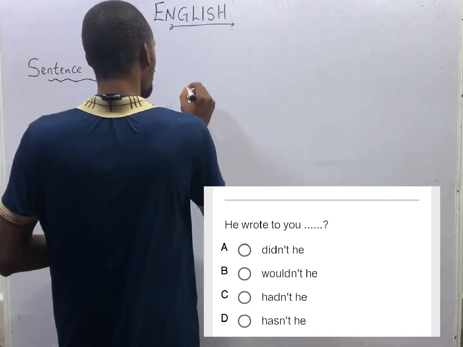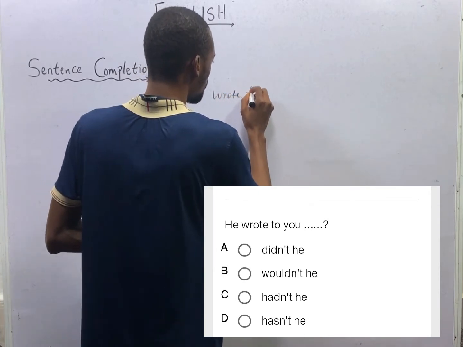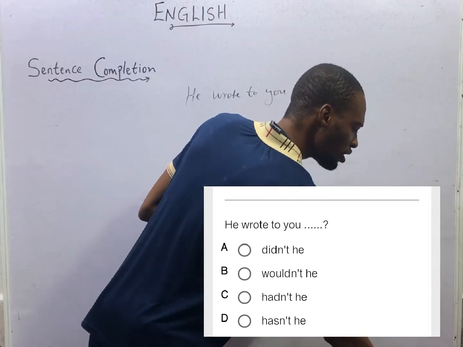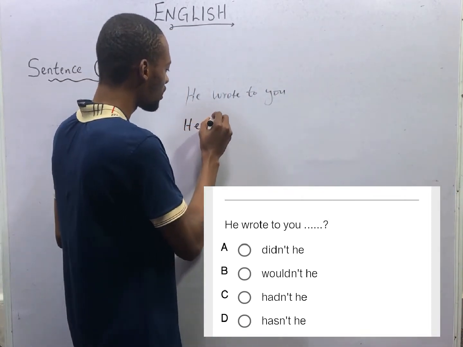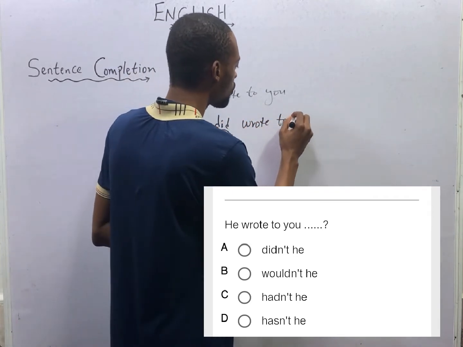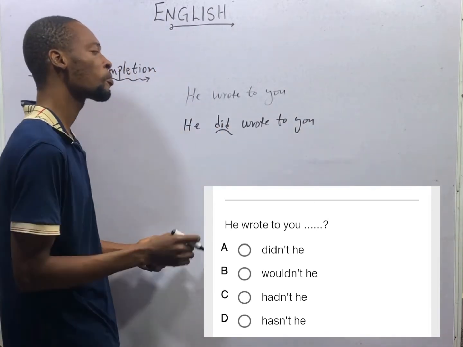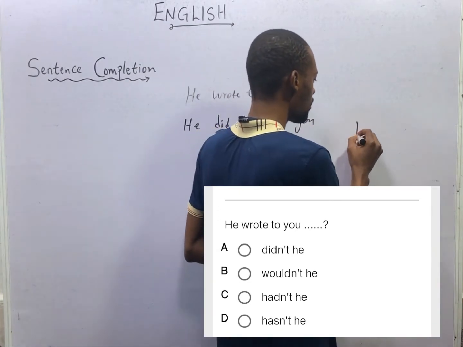Now, he wrote to you. In English, he wrote to you simply means he did wrote to you. So he wrote to you is something he did. Now, the question tag should be didn't.